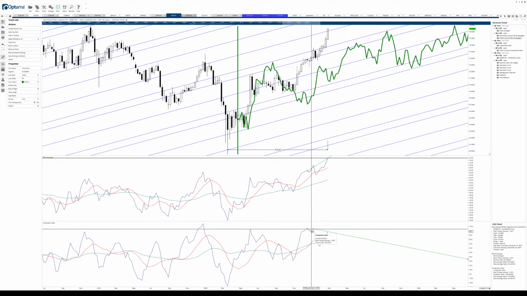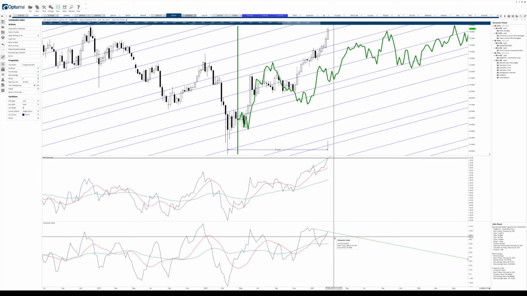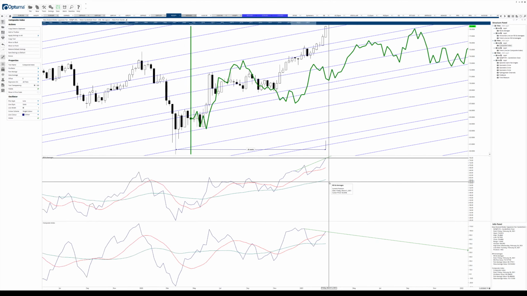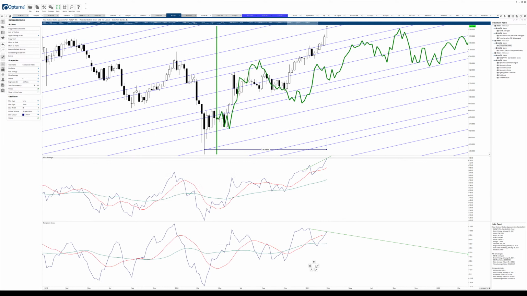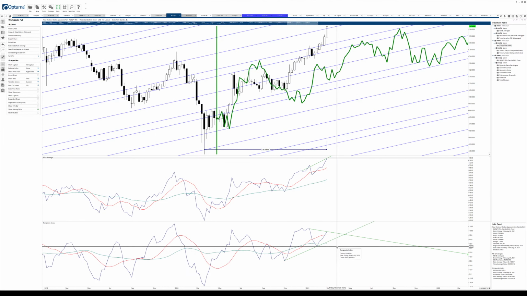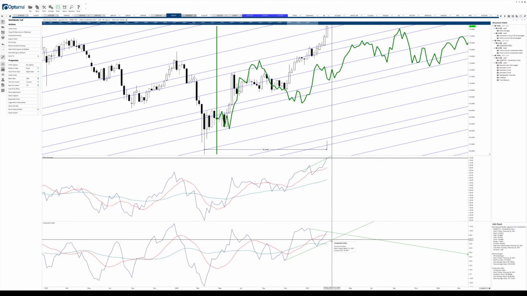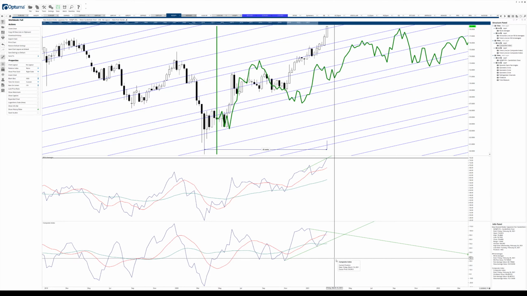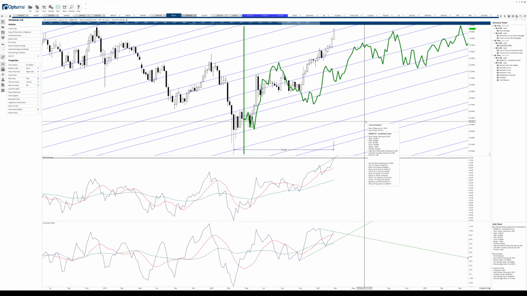Higher highs and lower highs. This would be our third one. And yeah, that is something to watch out for. Watch for a cross below this trend line on the weekly chart on the composite index. We drop below that, kiss it goodbye.